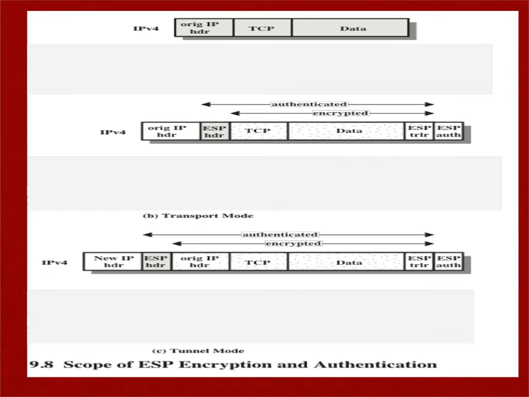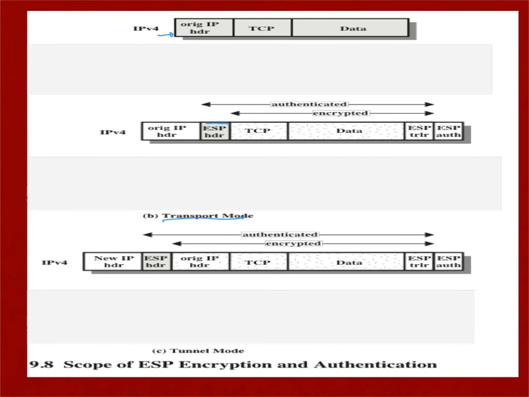So this is very important. I removed from here the IPsec for IP version 6, because IP version 6 is a lot more complicated. So I removed this part. But here, we have IP. If it's transport mode, pay close attention to what happens. That's why it's called transport mode.